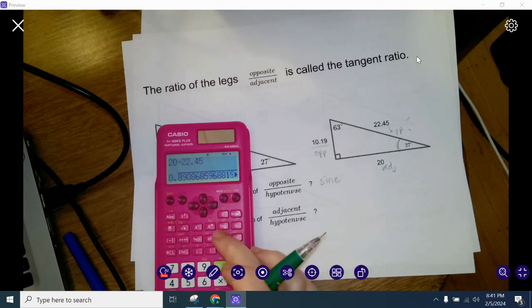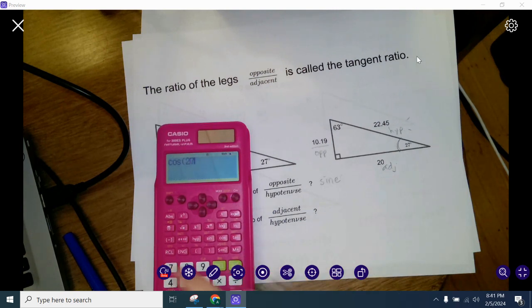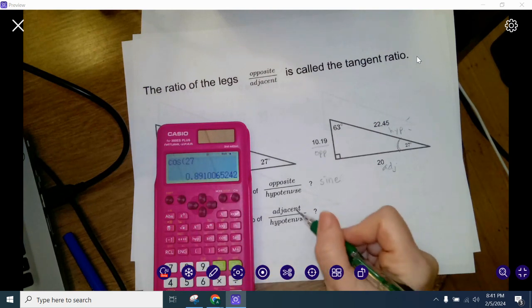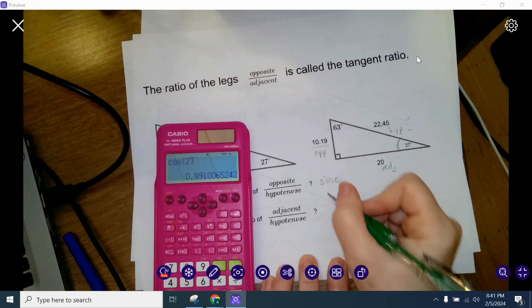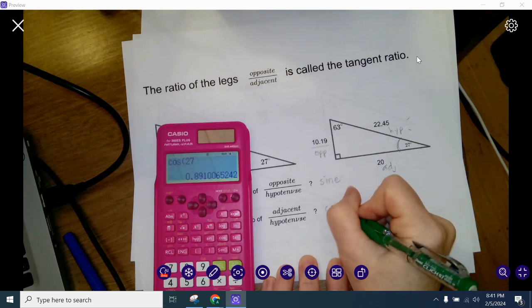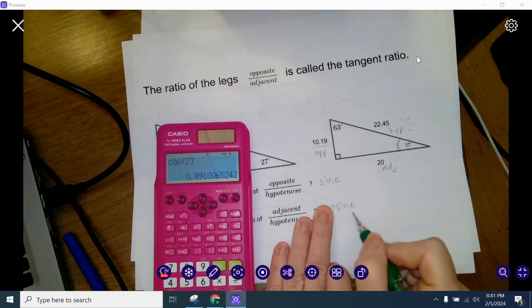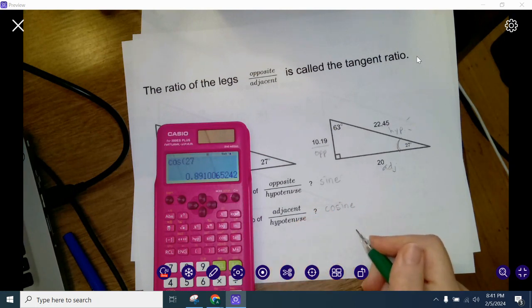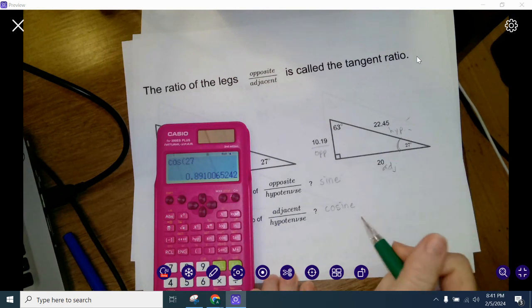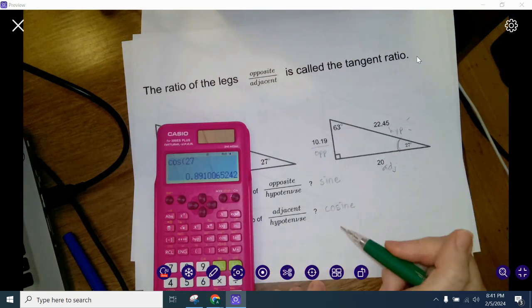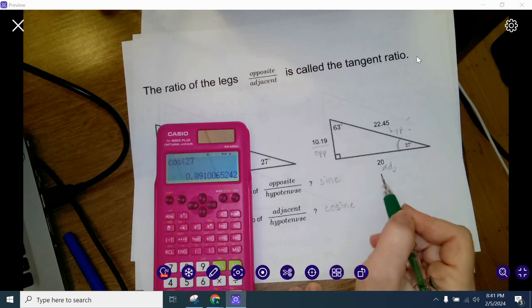If I did the COS button of 27, I get 0.89. So the ratio of adjacent over hypotenuse is called cosine. See how it has the word sine in it, but it has a little CO in front of it. So these are all closely related. Sine and cosine and tangent, they're all related to how you make these ratios.